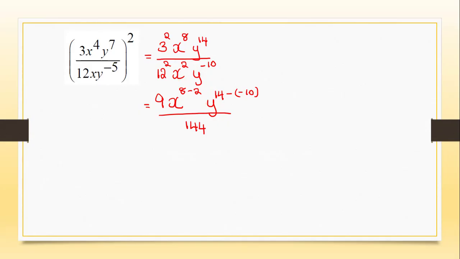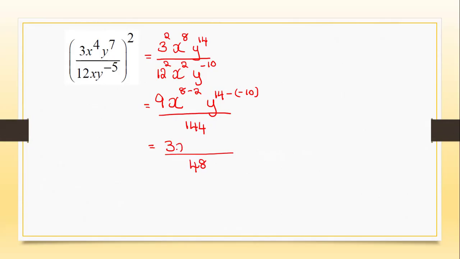So we can factor out a 3 from both of them. So factoring out 3 from the 9, we're left with 3. So we can cancel, divided by 3, simplifying 144 divided by 3 would be 48.